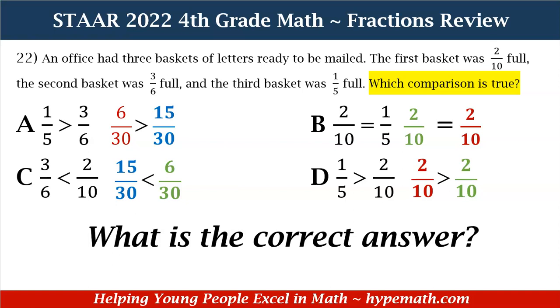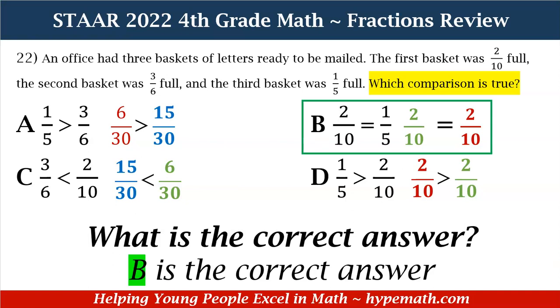And for D, is 2 greater than 2? So what is our correct answer, fourth graders? And if you said B, you're absolutely correct. 2 is equal to 2, which means 2/10 is equal to 2/10, which means 2/10 is equal to 1/5.